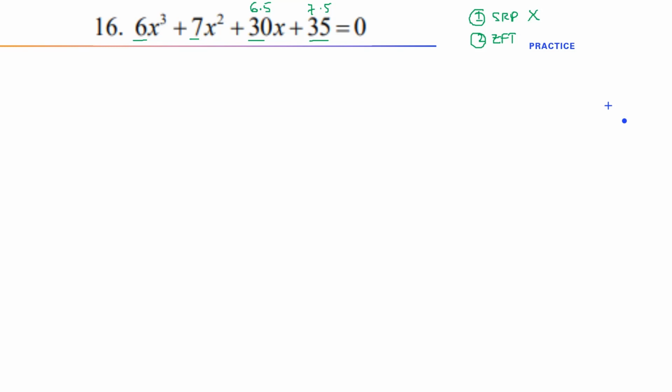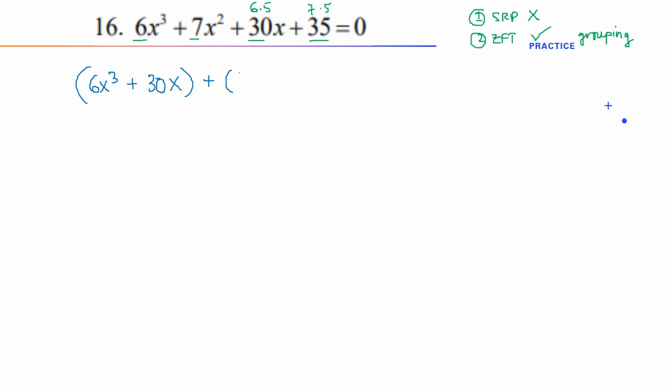So I may group them so the zero factor can work, by grouping. So I will rewrite it as grouping. I will group 6x cubed and 30x because it includes the 6 in common and x, right?